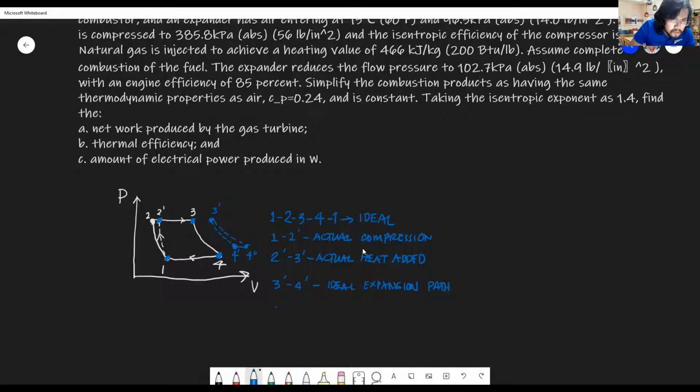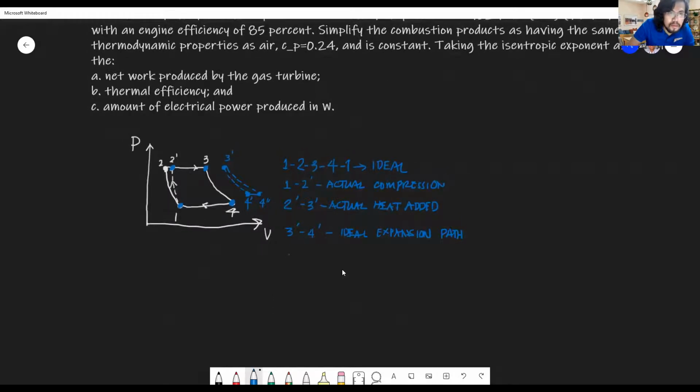Temperature versus entropy, and it's going to be something like this. TS. Again, isentropic, so same S, but it's going to adjust because we have isentropic efficiency involved.